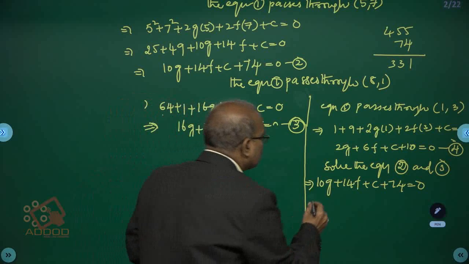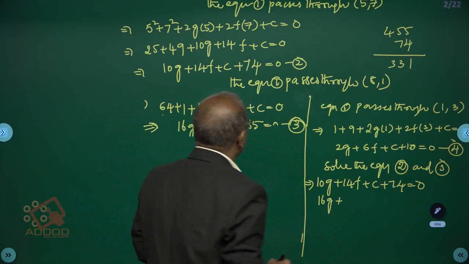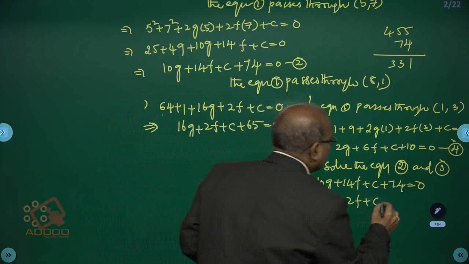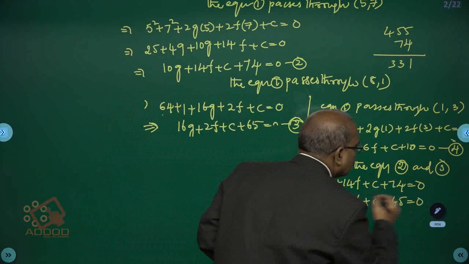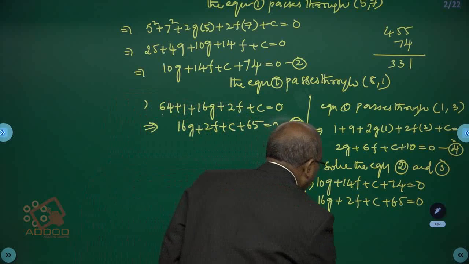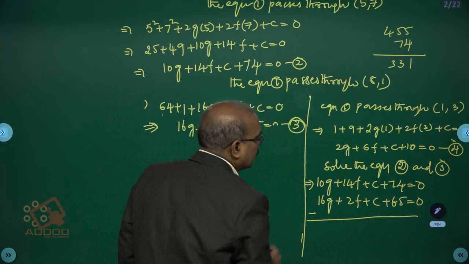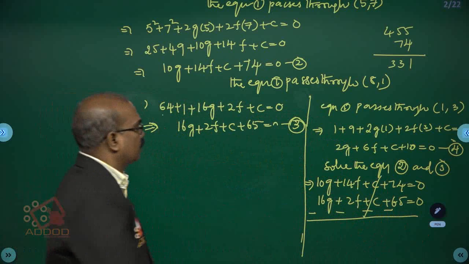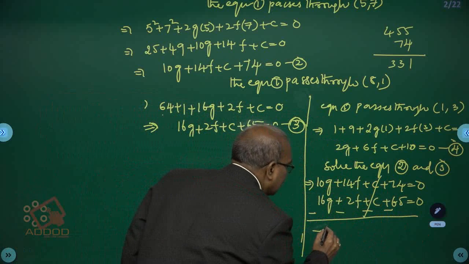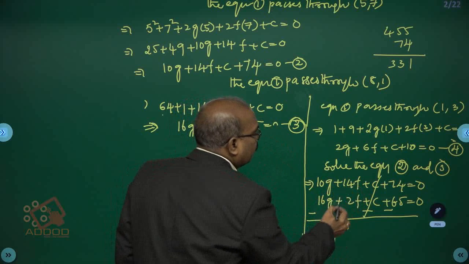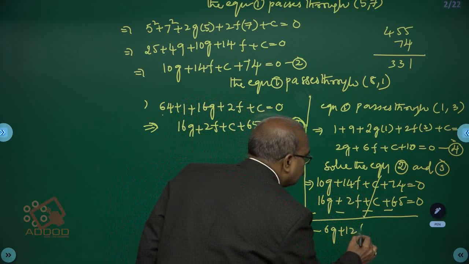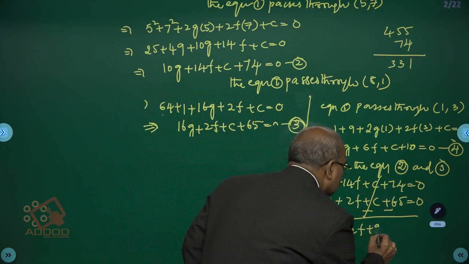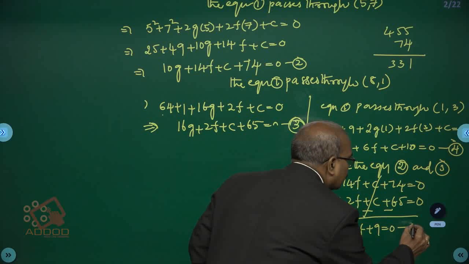And the third one is 16g plus 2f plus c plus 65 is equal to 0. Now we can cancel the c, so subtract. So 10g minus 16g is minus 6g, plus 14f minus 2f is plus 12f, and 74 minus 65 is plus 9, is equal to 0. So that is equation 5.